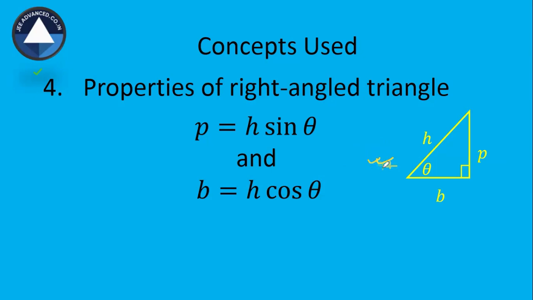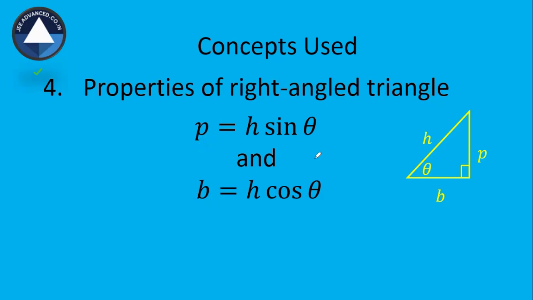But when we apply it, the most appropriate formulas generally used are perpendicular = h sin theta and base = h cos theta, isn't it? So if the hypotenuse is known and theta is known and you wish to write the value of the perpendicular directly, then instead of doing this problem in two steps, we must remember these two formulas very carefully so that we can use our mathematics with some speed.